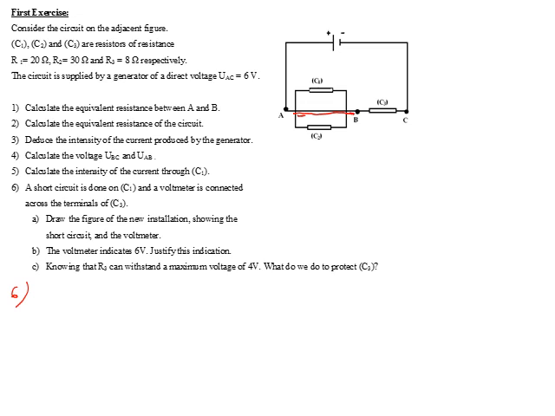Short circuit and a voltmeter connected. The voltmeter indicates 6 volt. Justify this indication. U across AB equals 0 volt since there is a short circuit across C1 and C2 in parallel, so the voltage across AB is 0.